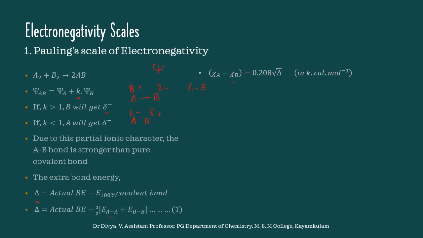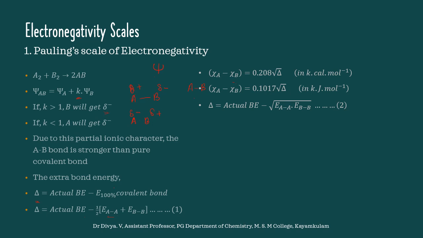The difference in electronegativity is equal to 0.208 into root of delta, when expressed in kilocalories per mole, and when we are expressing this in kilojoules per mole, the electronegativity difference is 0.1017 into the square root of delta.